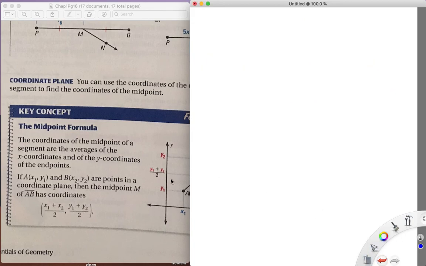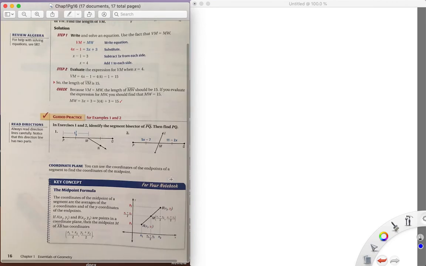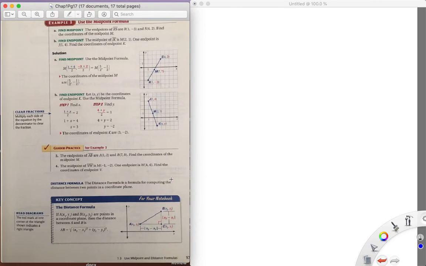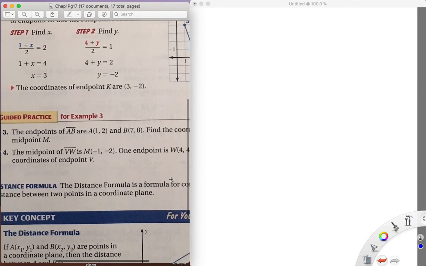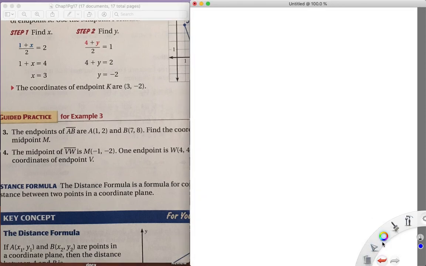So let's do an example. There's two ways to use the midpoint formula. You can use the midpoint formula to find the midpoint, and you can use the midpoint formula to find the endpoint. So we would have an endpoint, and a midpoint, right?